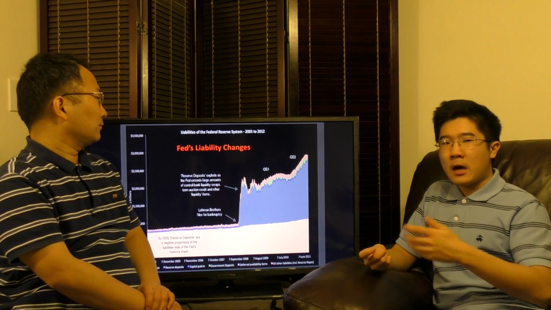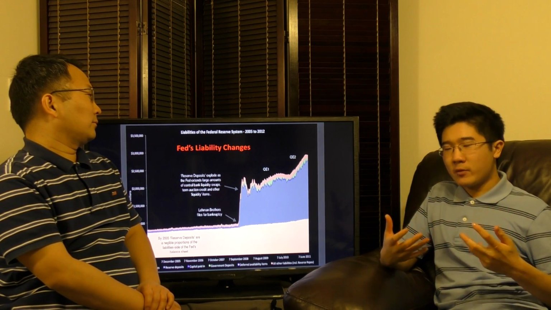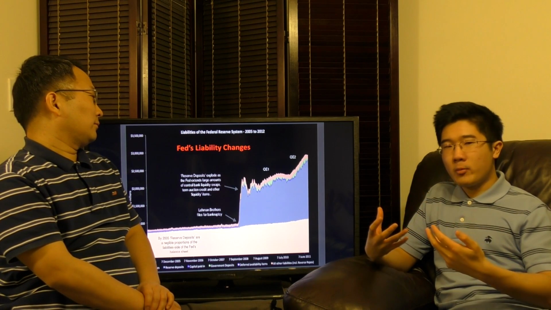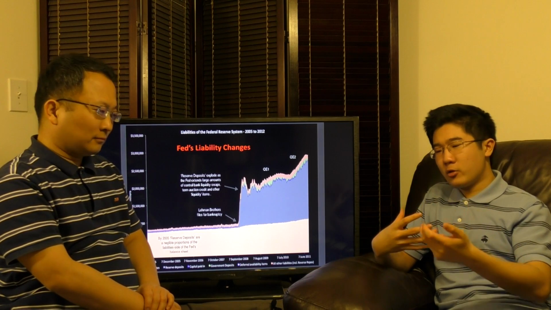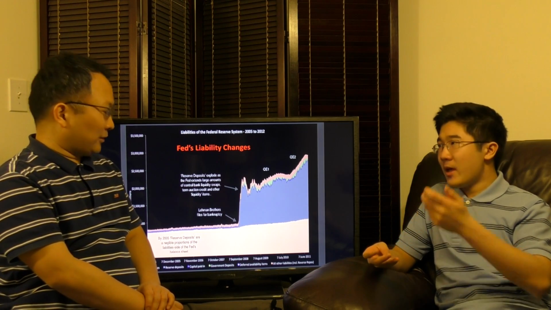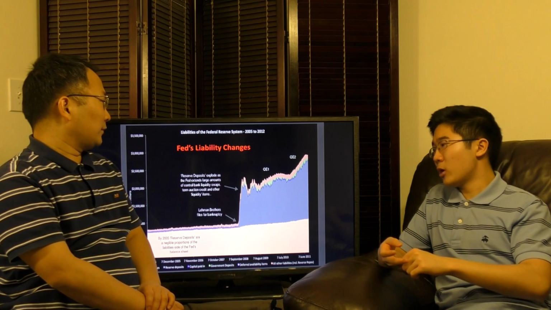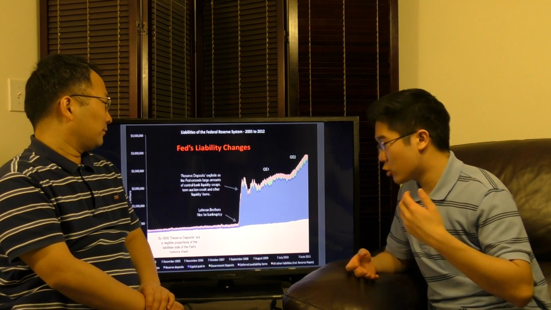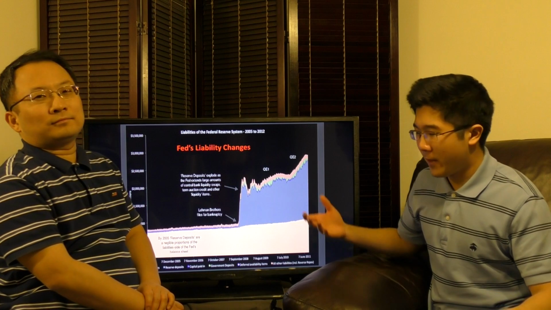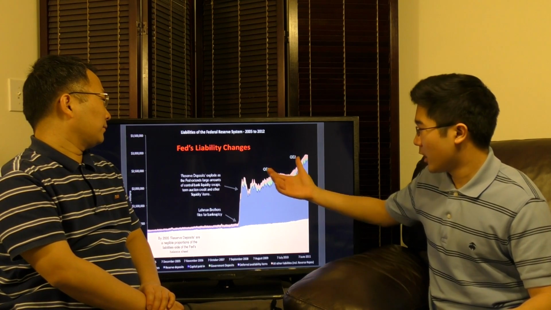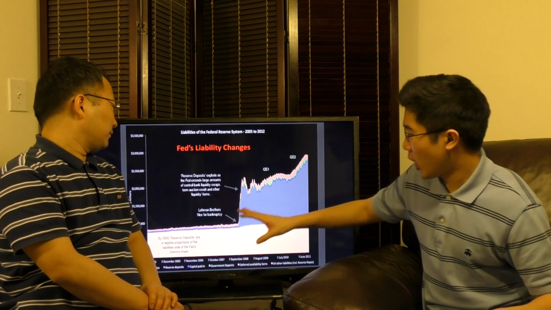Mainly, as it increases the money supply through purchasing mortgage-backed securities and making open market operations, it's injecting money into the financial system. As the money supply increases, bank reserves increase, and reserve deposits increase as well. Since 2008, we see so much quantitative easing that the reserve deposits proportion of the Fed's liabilities rocketed up from very negligible amounts to almost half of it.